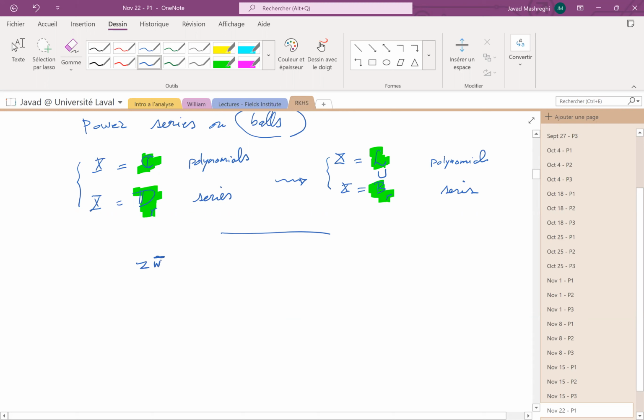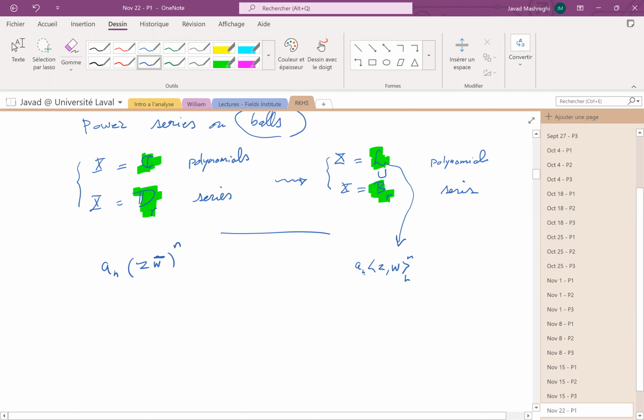And when we have AN ZN, we have the combination AN ZW bar N, which is well defined. In a Hilbert space setting, the inner product is ZW in L. And we can do the same. It's a complex number. We can do exponent N and multiply by AN.